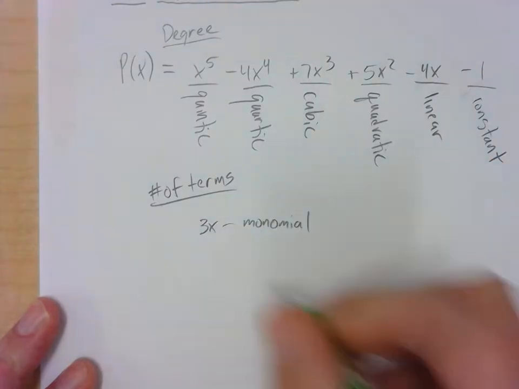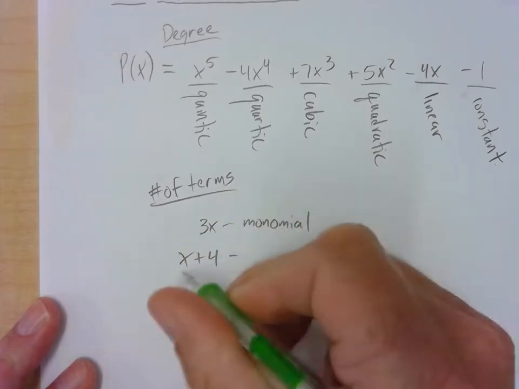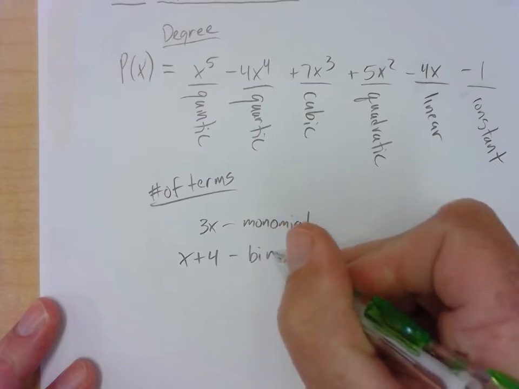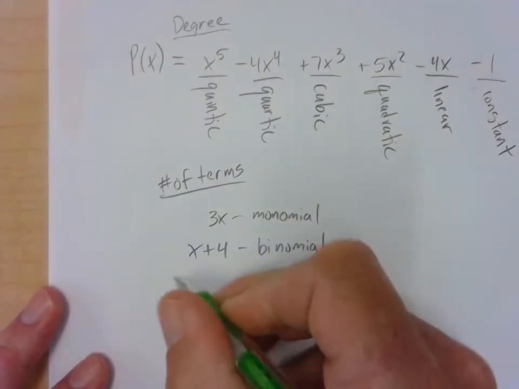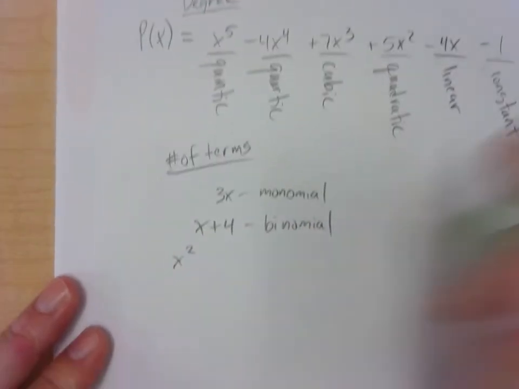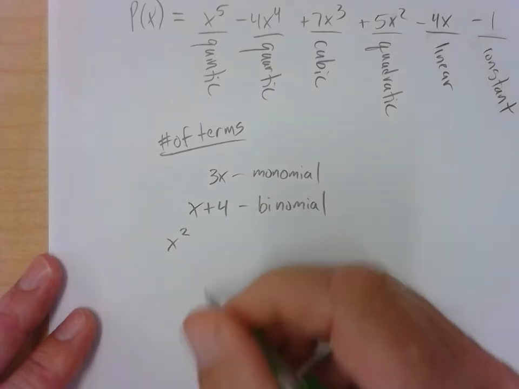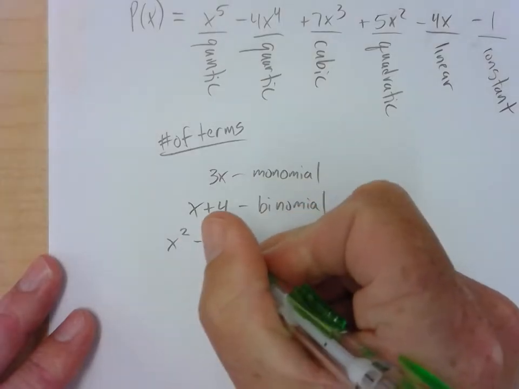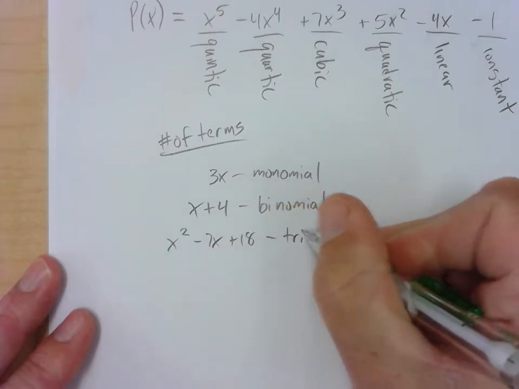If we have a couple of terms, x plus 4, that has 2 terms to it, so we call it a binomial. If we have 3 terms, we have x squared minus 7x plus 18. That has 3 terms to it. Call that a trinomial.